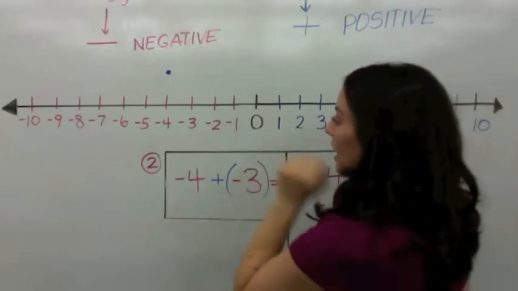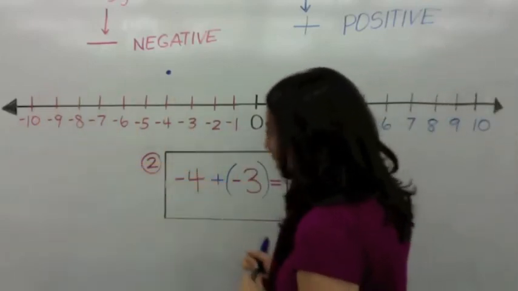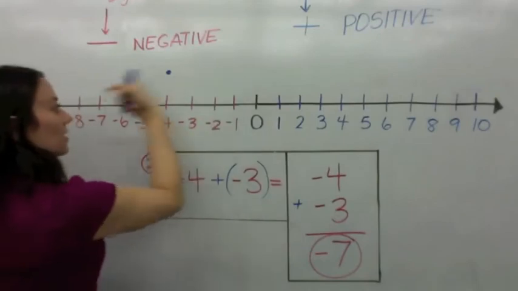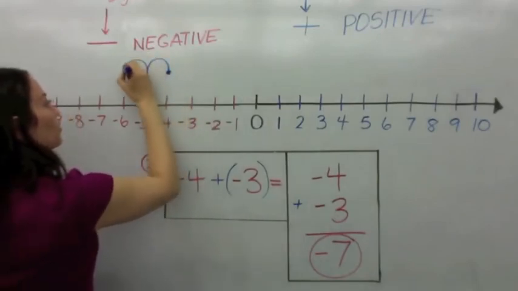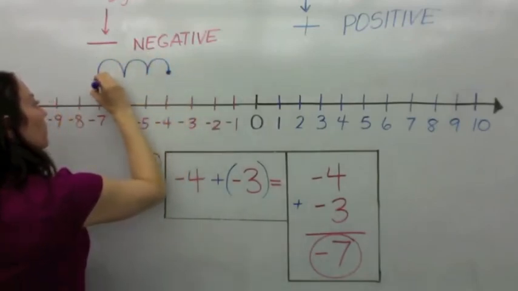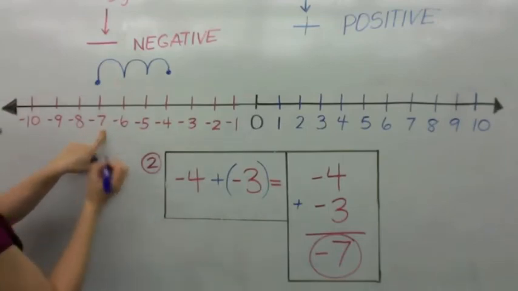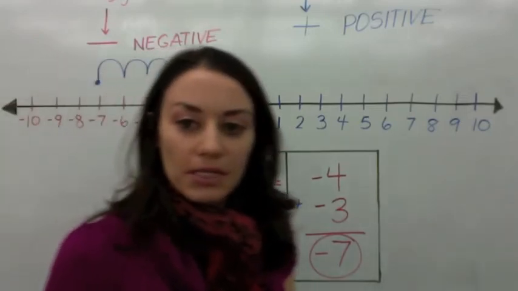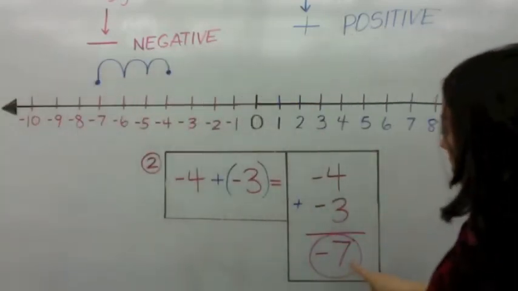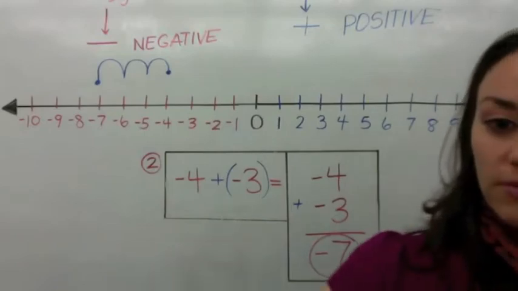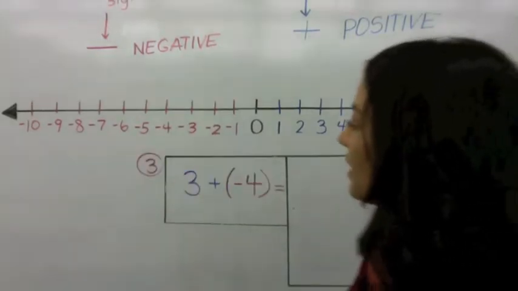I'm going to go negative to the left. So I'm going to go over 3 to the left. 1, 2, 3. And is my answer actually negative 7? Yes, it is. That's why negative 4 plus negative 3 is negative 7. Very good.